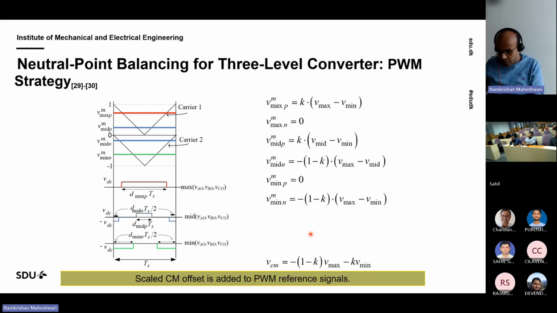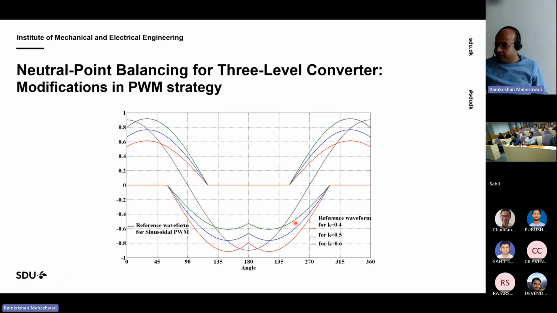If we do so for various values of K, you will achieve different kinds of PWM reference signals. For example, green has more on the positive and less on the negative side. So you can have a different neutral point current for all these values of K.